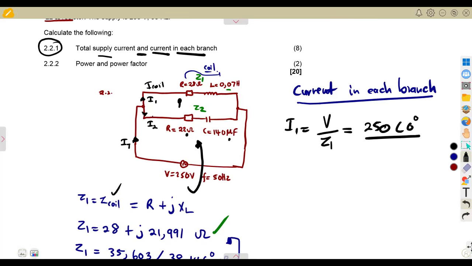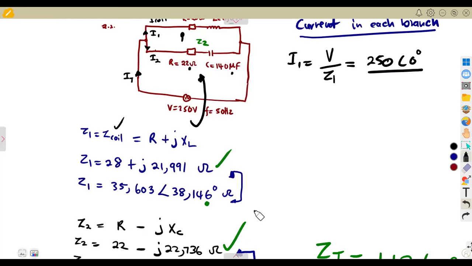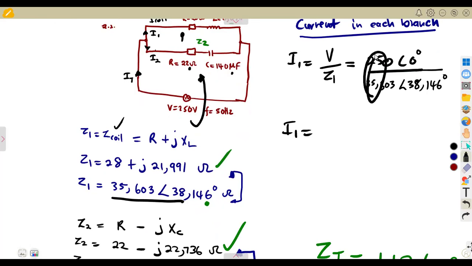Then our Z1, we calculated Z coil in polar form, we have got this. So it is best that you do divide in polar form. So that was going to be 35.630.03, and the angle there is 38.146 degrees. So that's it. You have got your current I1. Divide the numbers separately. This was going to give us 7.022. Then you subtract the angles, minus 38.146.